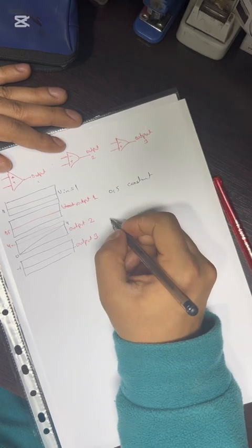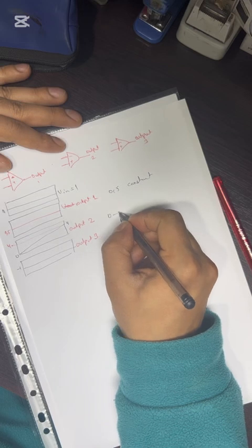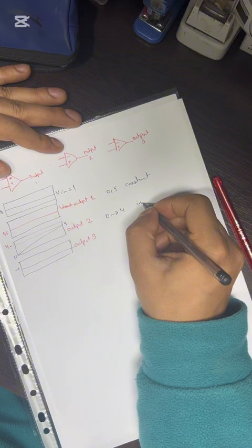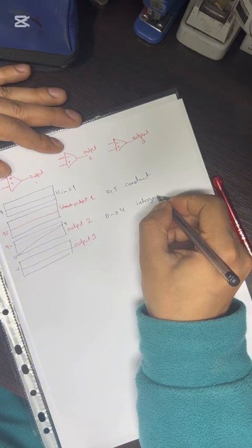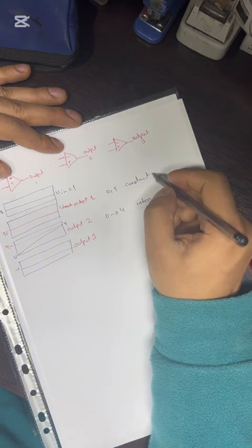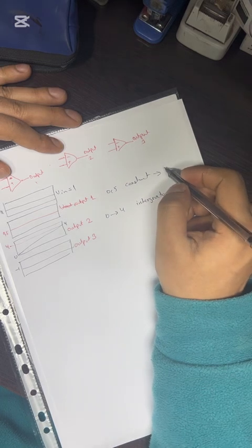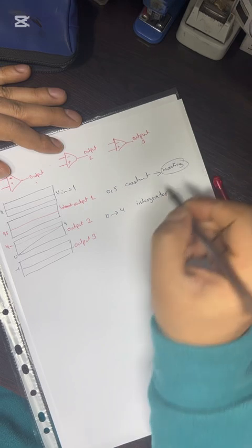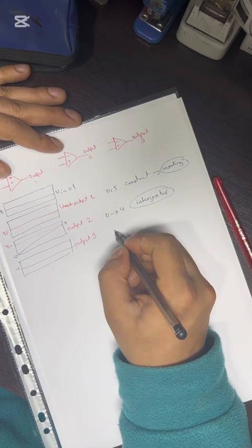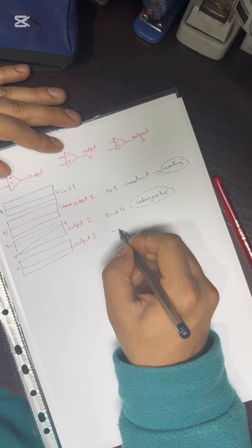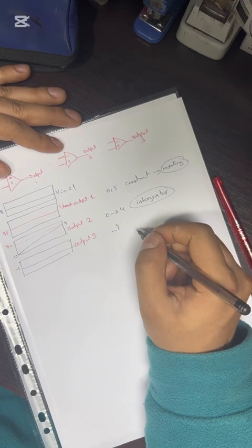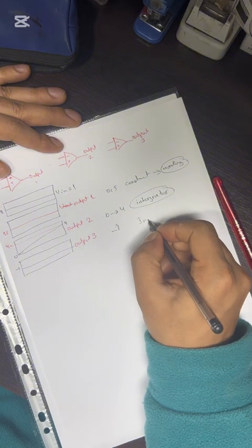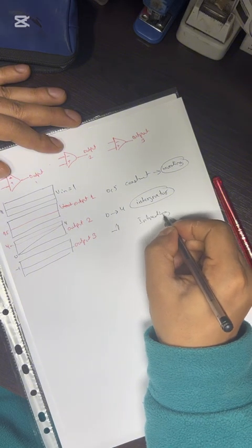For the second one, it is changing from 0 to 4, so not constant. This is an integrating operational amplifier, which must have a capacitor inside it, so it is an inverting integrating amplifier. The third has an output of -1, so it is also constant, so it must be an inverting amplifier.